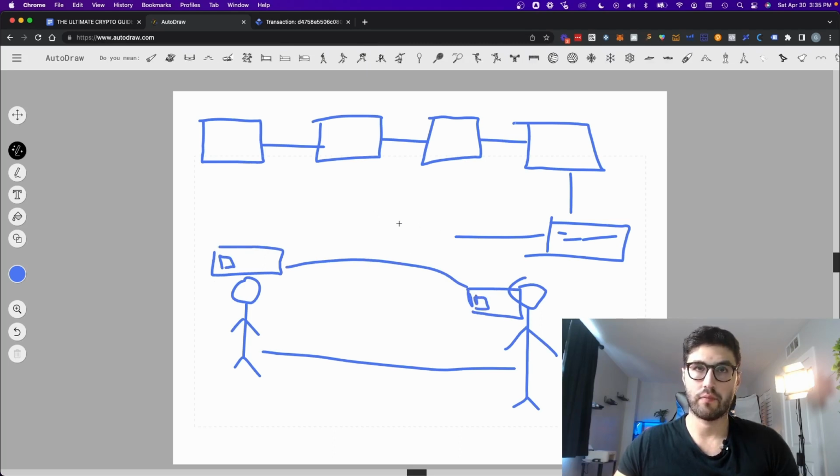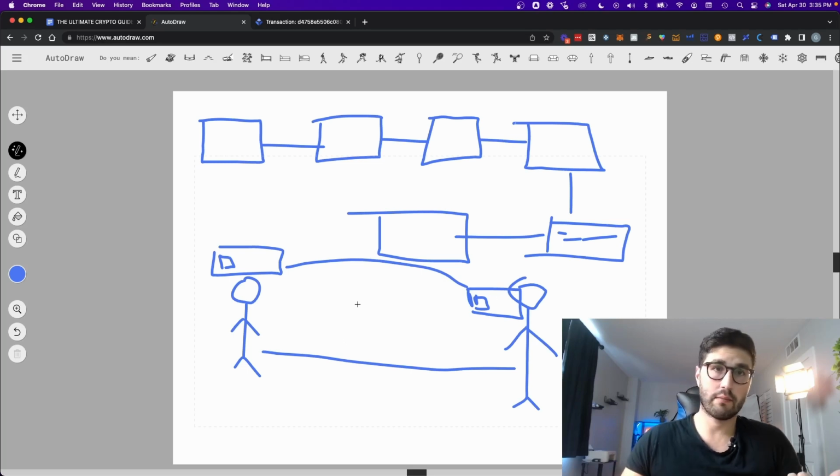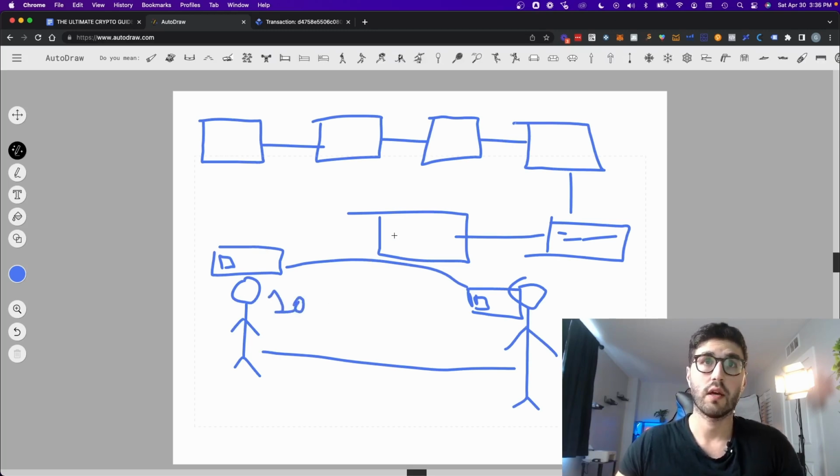And basically another block is created with the details of the transactions, right? So in our example before, let's say that I send 1 Bitcoin, and he sends 10 Bitcoins, which is a pretty decent amount of money at this current time. And everything is going to get stored in the block after the transaction has been confirmed and validated, okay?